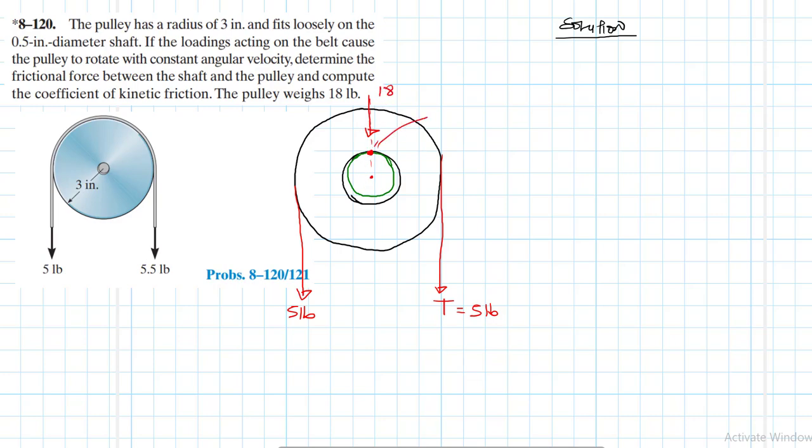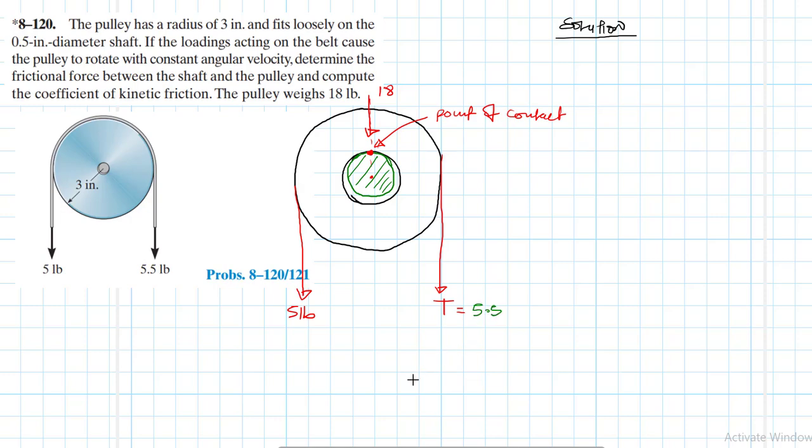This would be the point of contact between the shaft, this is the shaft in green, and the pulley.